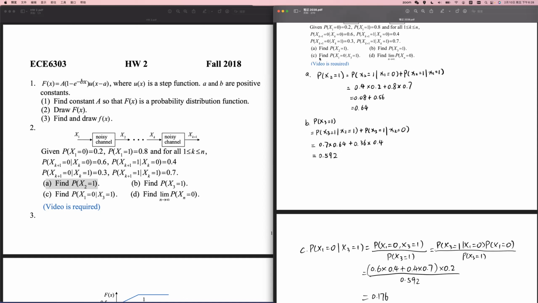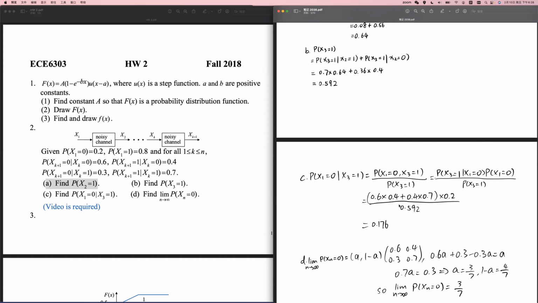For part C, which asks, given x3 equals 1, find the probability of x1 equals 0. For this question, I use the formula of conditional probability.